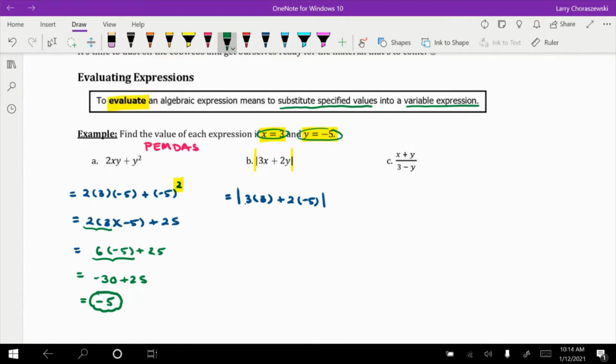If you guys would take the next moment or two to simplify down the inside of the absolute values, I'll check in with you after that, and we'll move on. Anybody want to type in the value of the inside of the absolute values?